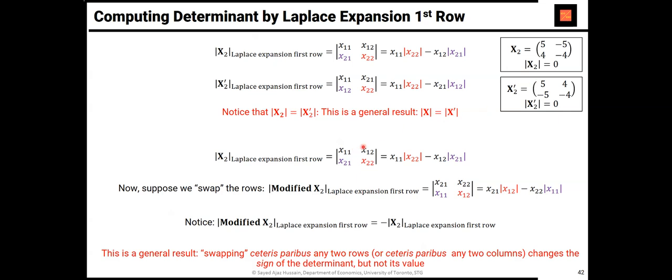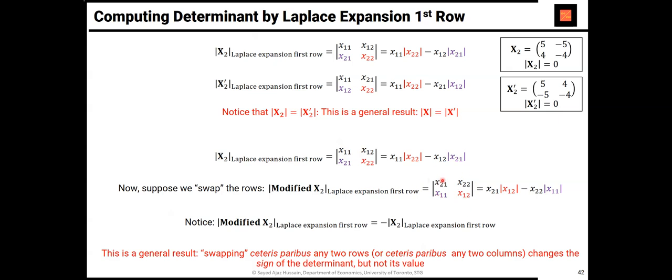Now another result. Once again, we do a Laplace expansion by the first row according to the original matrix that you had over there. Now imagine I swap rows. I swap the first row with the second row, so the second row becomes the first row and the first row becomes the second row.